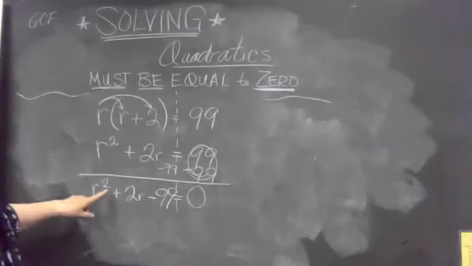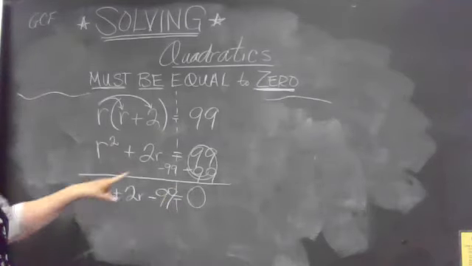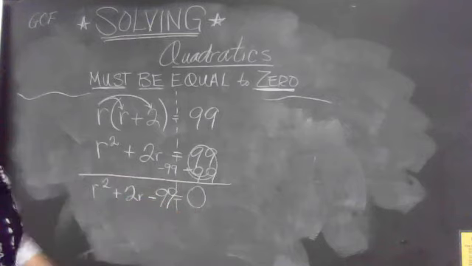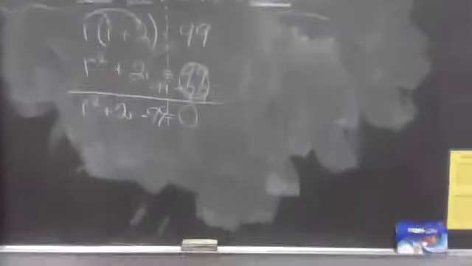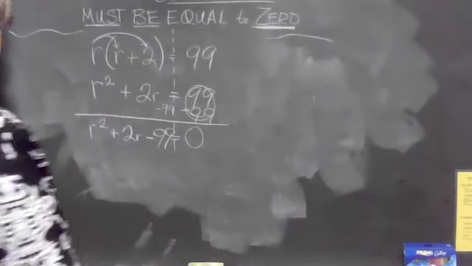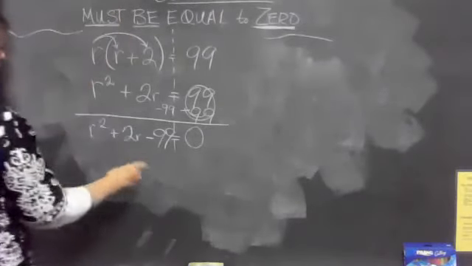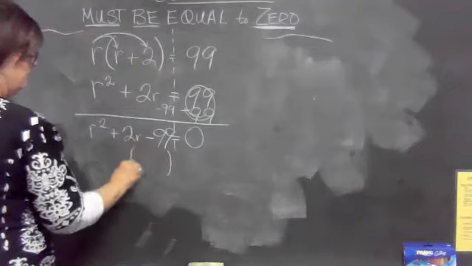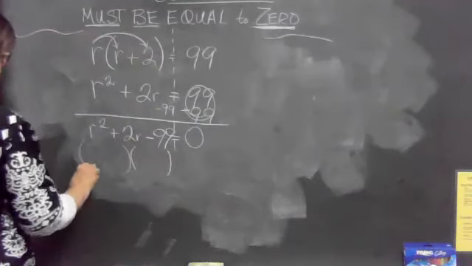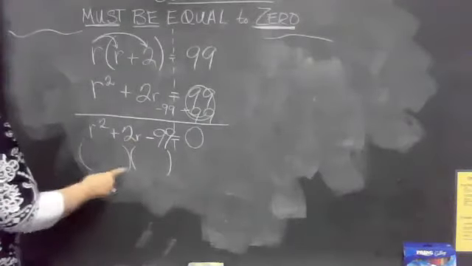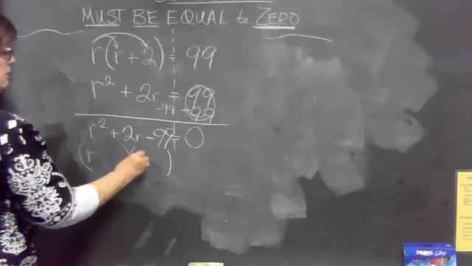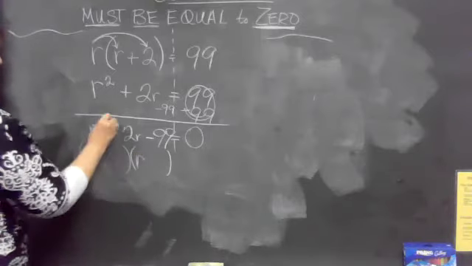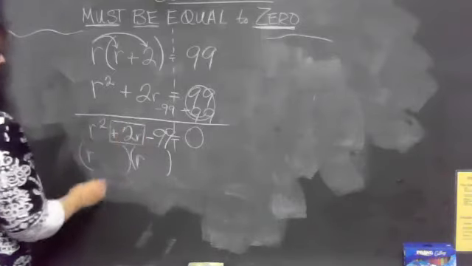Now I have a quadratic and it's equal to 0. So believe it or not, now I can start. Okay? And what this side looks like is that I can factor into 2 parentheses. The front times the front gives me the front. R times R. Wait till later.